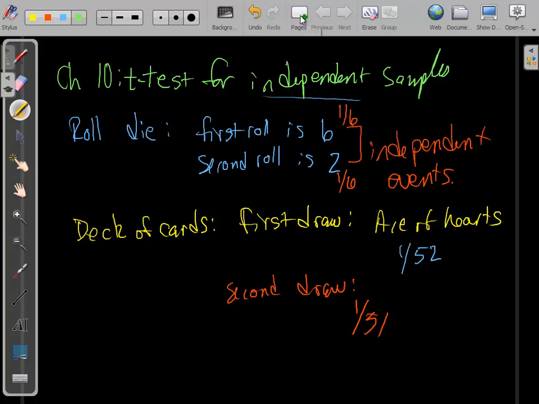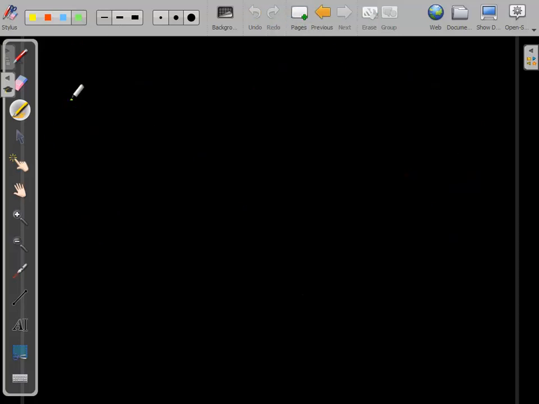So maybe I'll just run through a kind of contrived example. Suppose we want to influence memory. We have a particular treatment that we think is going to help people remember.